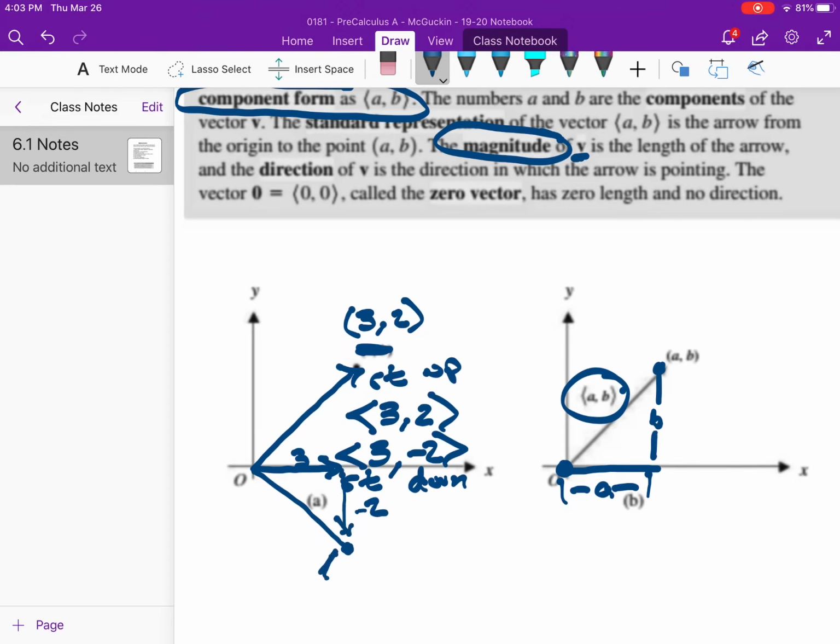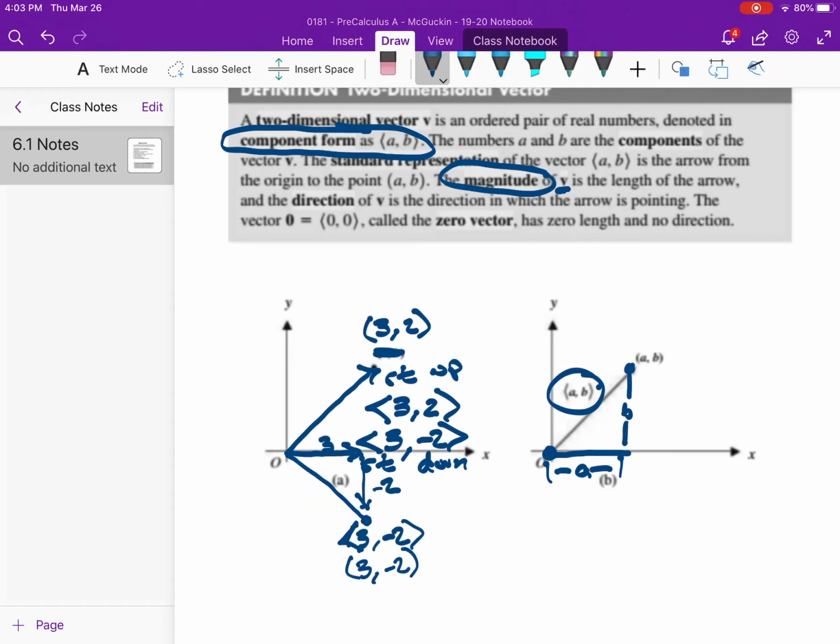As we close up shop on this video, I'm going to be discussing what we call the head minus tail rule. If an arrow has an initial point and a terminal point, let's back up to my previous examples.